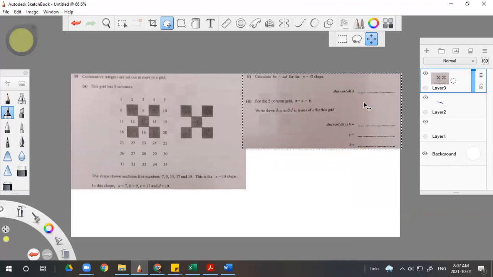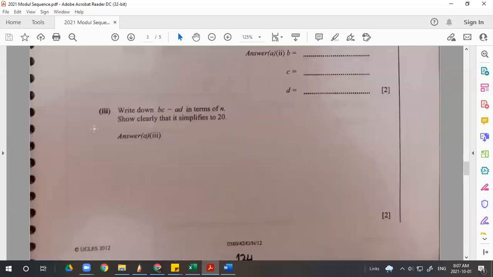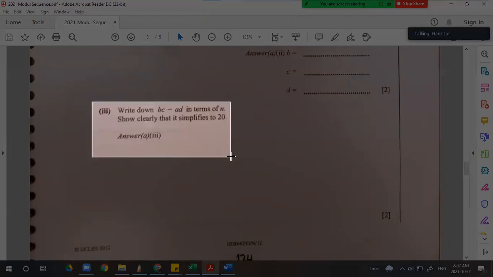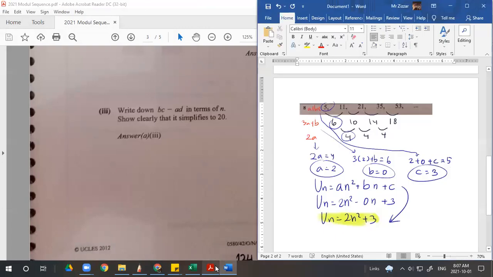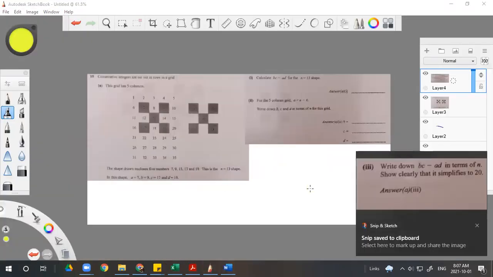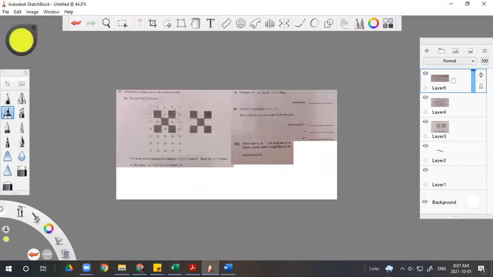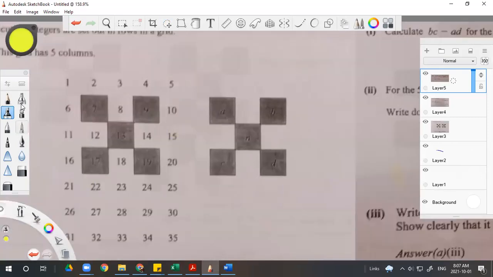Bentar ya guys. Terus ini lagi yang terakhir ya. Ya, yang terakhir. Ini gue taruh ujung aja deh. Oke, ayo kita buat. So this number is, anyway, I will make it clearer to see.